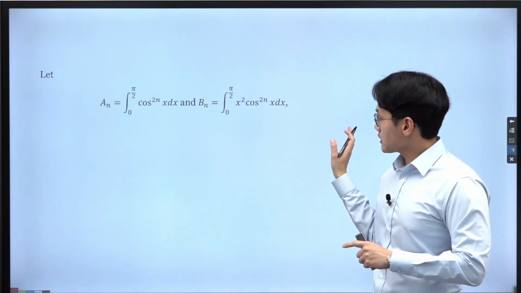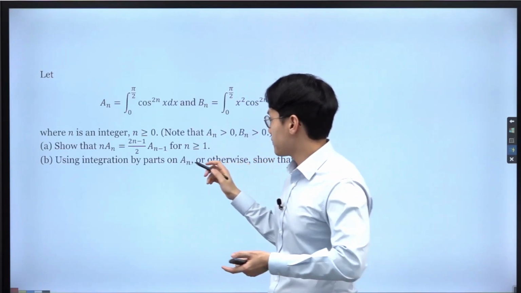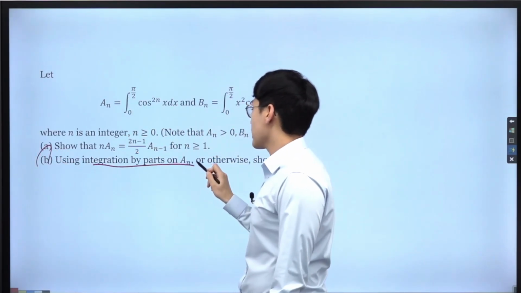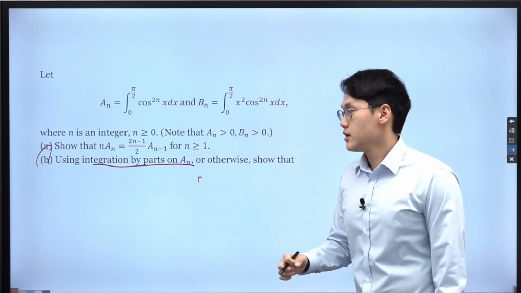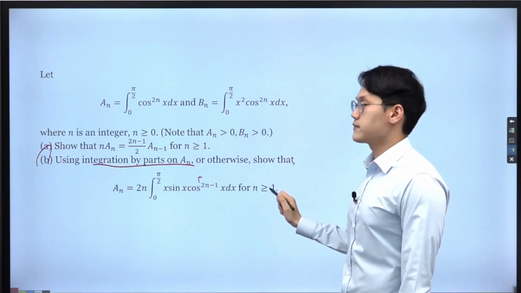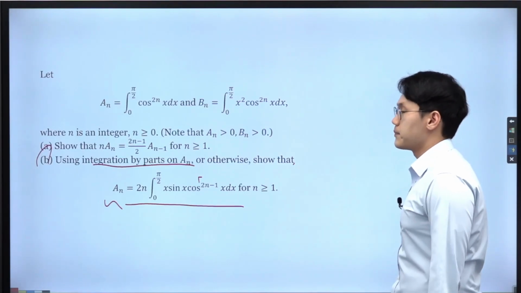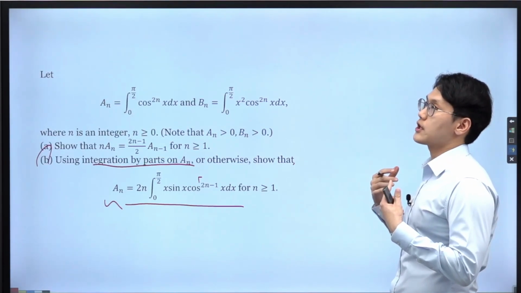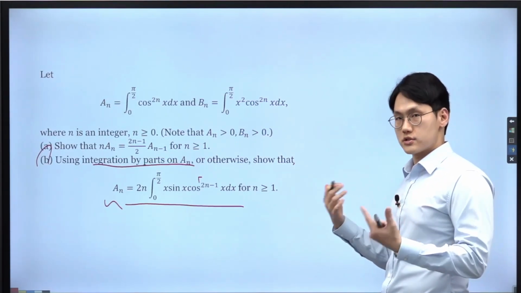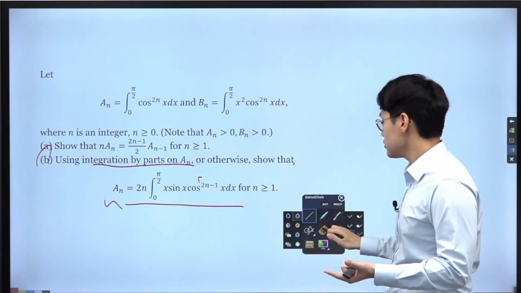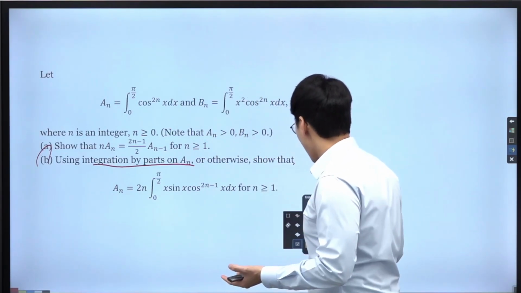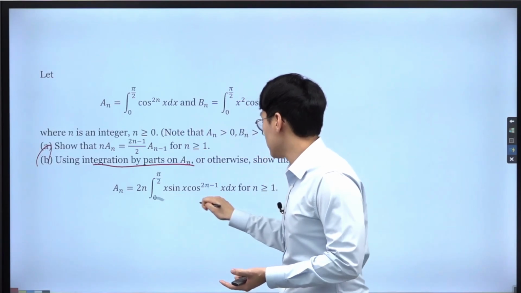But then the question says, now I got the an and bn, sure, but now for the second part, I want you to do by parts again on an, but differently, so that you can show this following form, okay? But look, now my an is no longer in the recursive form, but another integral. But once you got the result, and it's still in the process of the learning phase, you really should consider how to use the given result, you see?